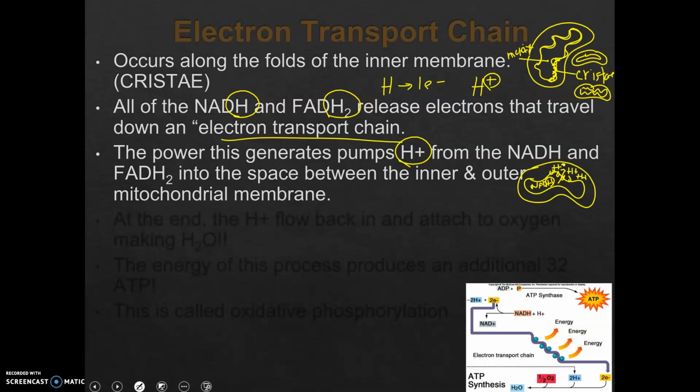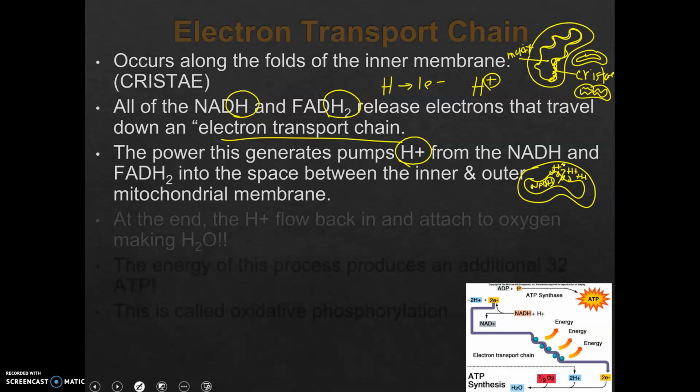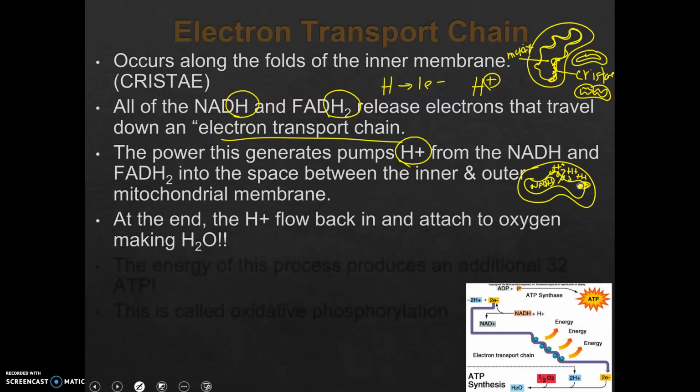So that's where these hydrogens are going to build up. Now it turns out that that is actually like stored energy as well. When all the hydrogen ions build up there, the only way they can flow back in is they're going to flow through an enzyme we'll talk about in a second called ATP synthase. And as they flow through that enzyme, the hydrogens are going to flow back into the middle, and that's going to generate ATP.